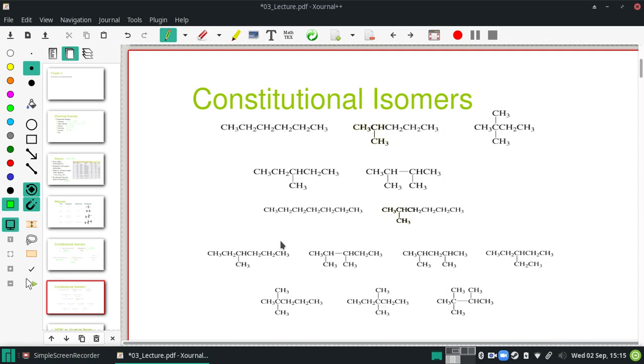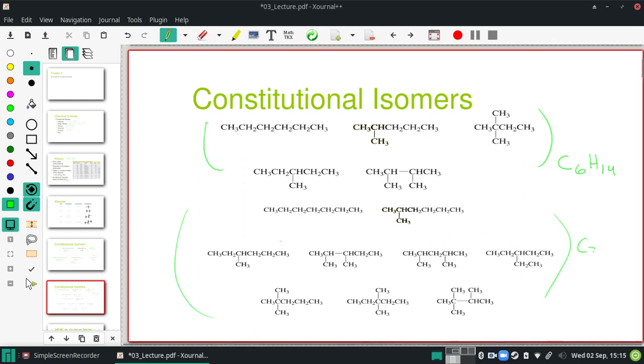Now, both of these sets, so I'll put this group in parentheses, all have the exact same molecular formula. There are 6 carbons, and there's twice that plus 2, so 14 hydrogens. And down here, all of these have 7 carbons and 16 hydrogens. And they're just put together differently.